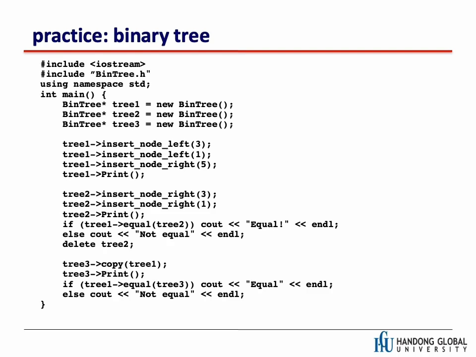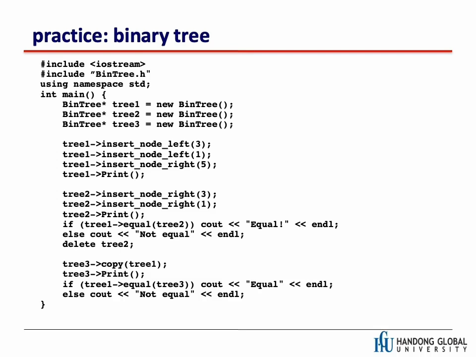It means we will add a new node at the rightmost leaf node. Then tree1 will print, and tree2 will insert 3 and 1 at the rightmost leaf node, and then we print. Now we can check if tree1 is equivalent to tree2.